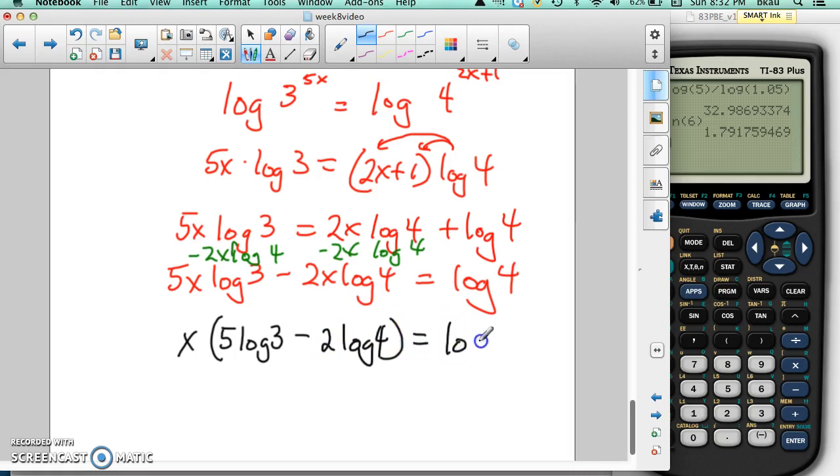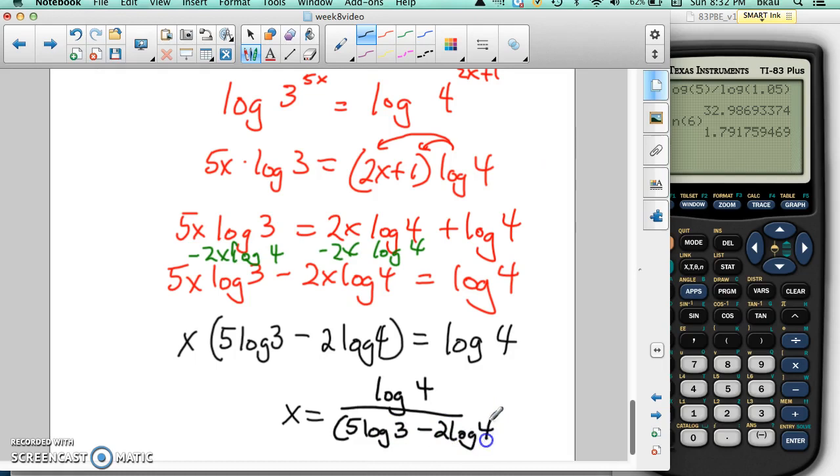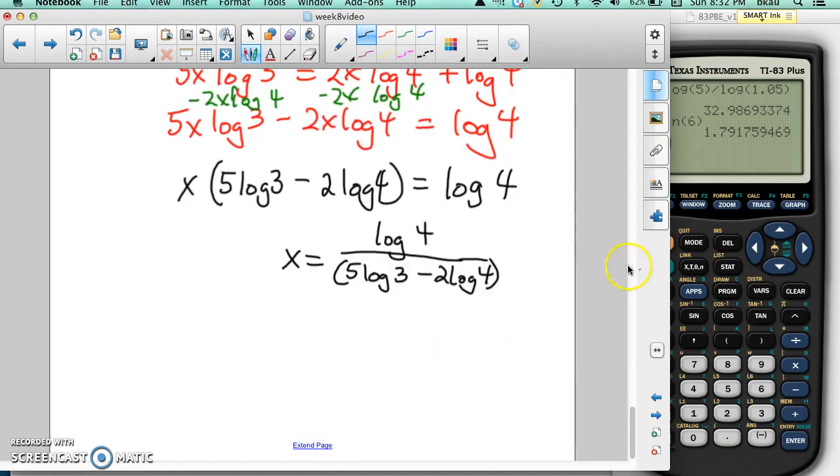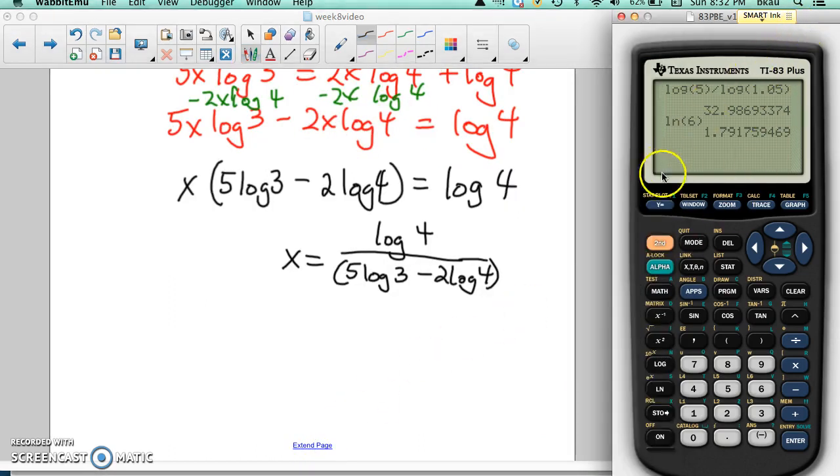So now we can divide by this whole amount. This is just a numerical value. We could divide by this, and that will give us x. So x is going to be log 4 divided by this whole amount, 5 log 3 minus 2 log 4. So you can use your calculator and approximate what that is. Let's see if I did that, what it would be.